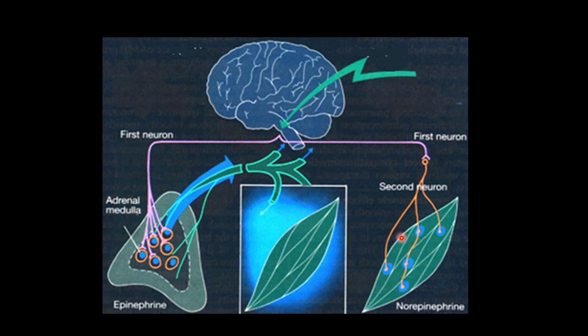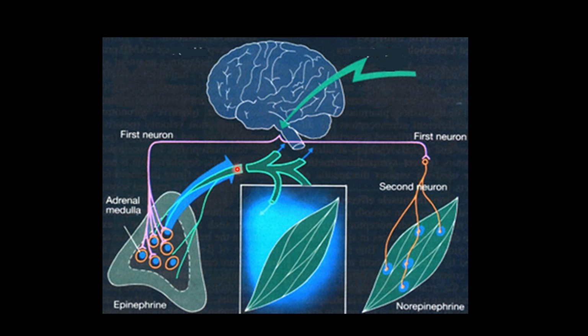When we are talking about the sympathetic system, the neurotransmitter is norepinephrine, which is synthesized inside the neuron, released at the synaptic cleft, and acts on the postsynaptic receptors. While epinephrine is released from the adrenal medulla, reaches the systemic circulation, and then reaches the target cells or effector cells.